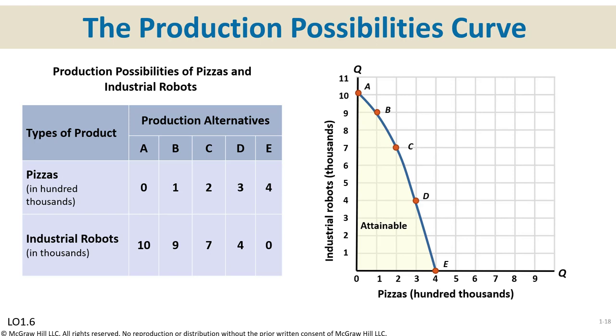Under this, you can either spend all of your resources going to A and make 10,000 robots, or E on the other extreme, and there you have roughly 400,000 pizzas. Or once you have the combination, again, trade-offs. You want more pizzas, you have to give up so many robots, and vice versa.